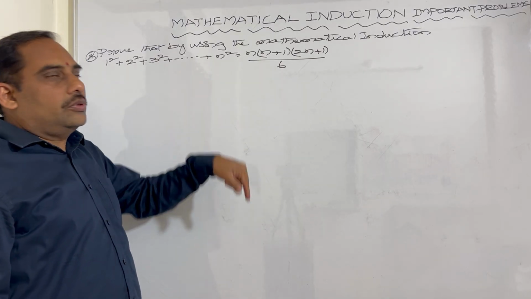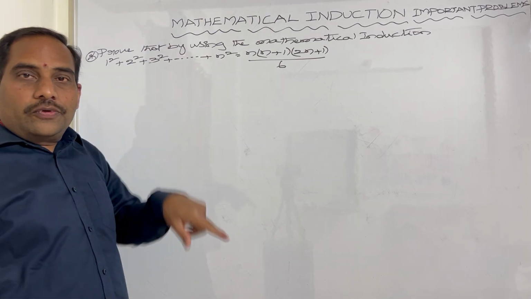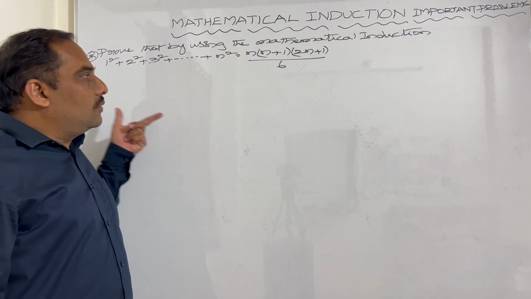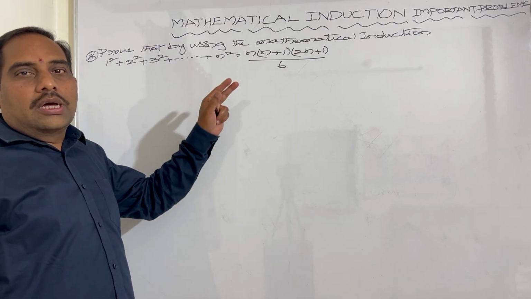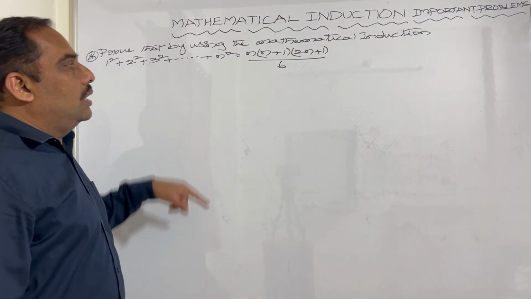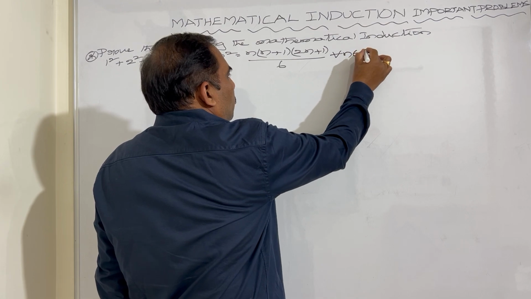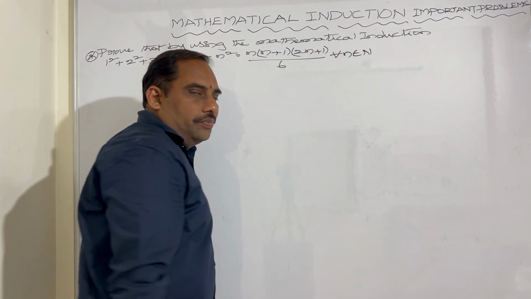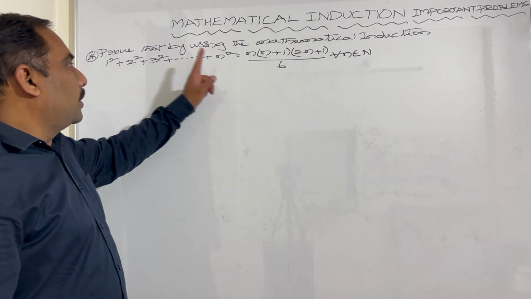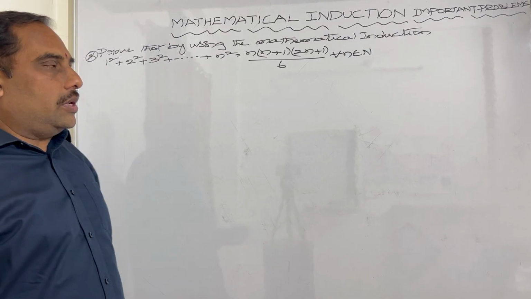In step 3, we prove that the statement is also true for n is equal to k plus 1. When you prove like that, then finally, by the principle of mathematical induction, the given statement is true for all n belongs to capital N.